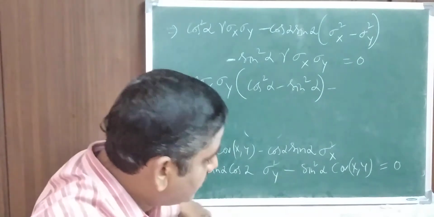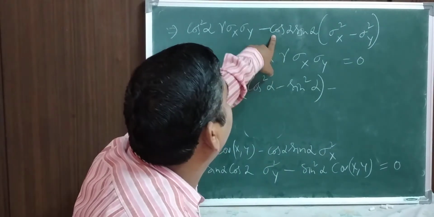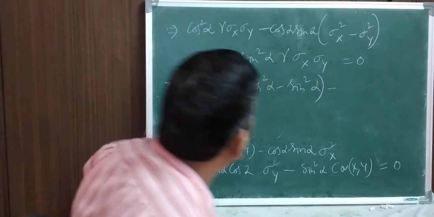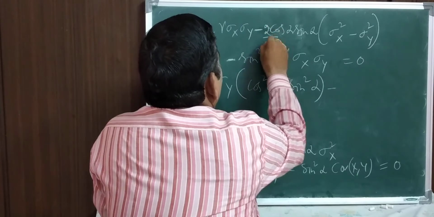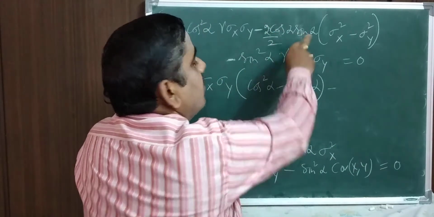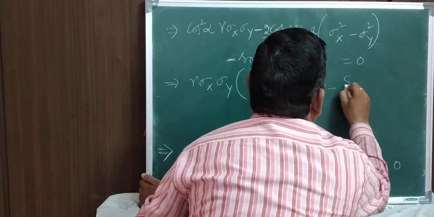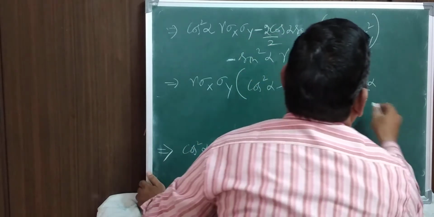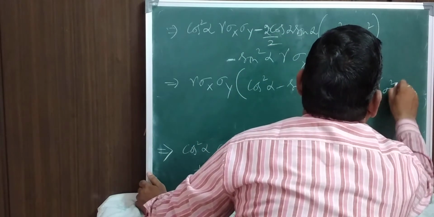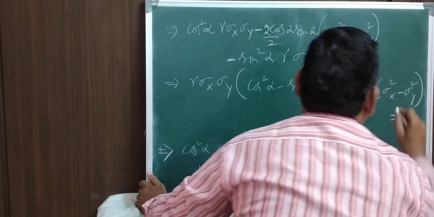So you have to multiply and divide with 2 here. Then 2 cos alpha sin alpha will be sin 2 alpha. So sin 2 alpha divided by 2, multiplied by sigma square x minus sigma square y, is equivalent to 0.